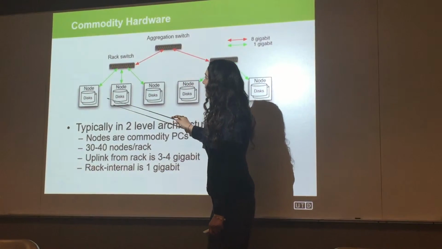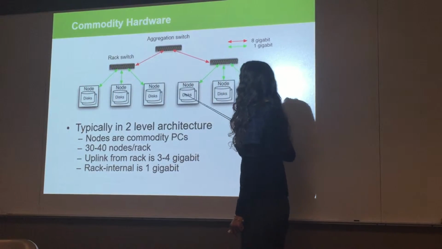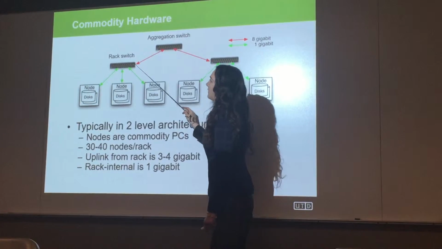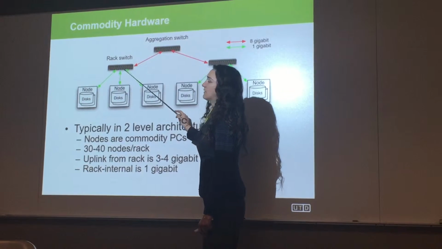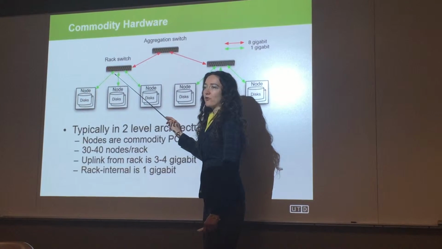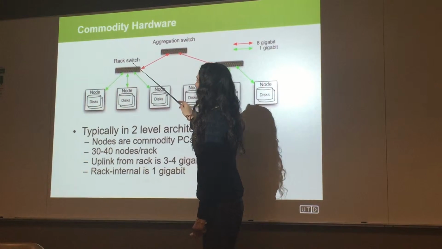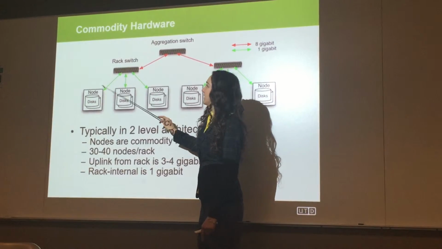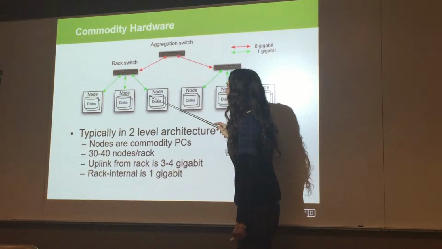These nodes are connected to what is called a rack, and the rack will have several nodes in it. The rack is pretty much like a networking switch where you would plug in the network cables and connect these machines together.